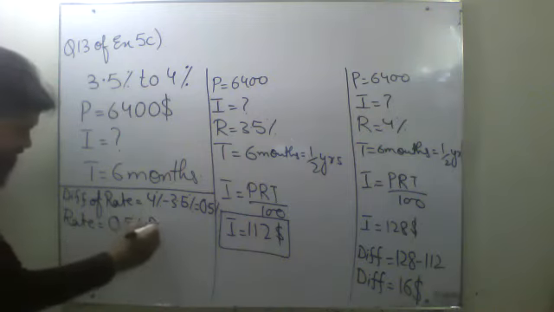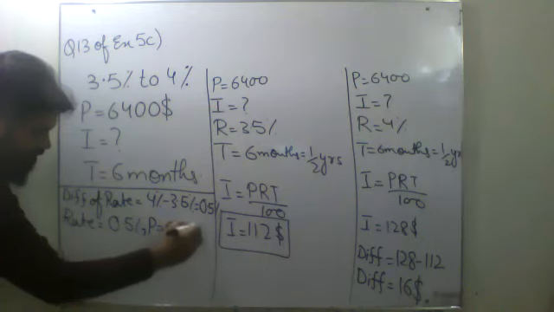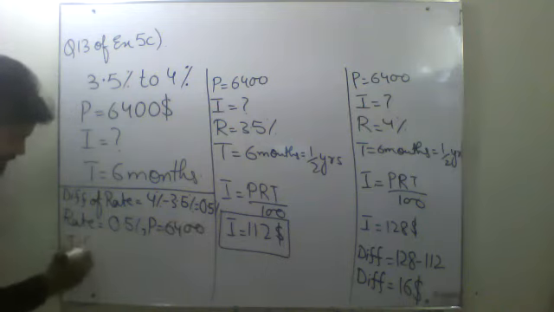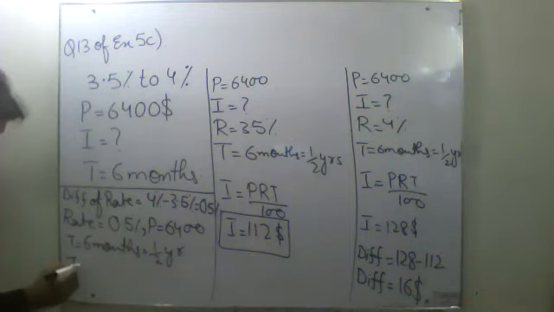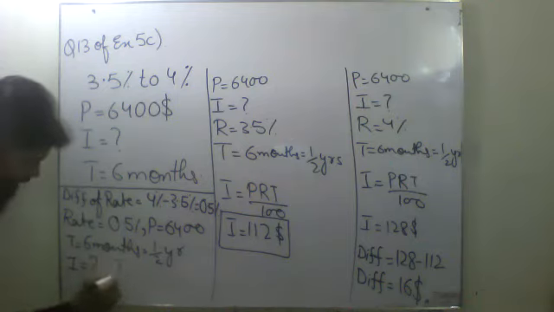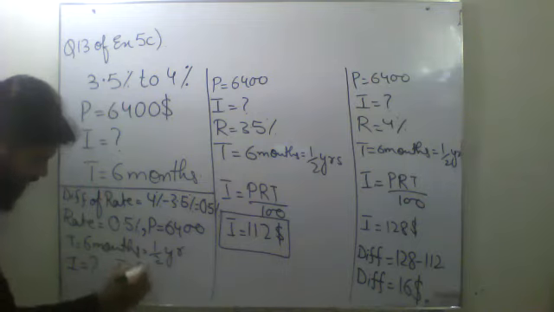Okay, now let's check what will be the value for 0.5%. Principal will be 6400. Time will be 6 months, which is half year. Okay, and I have to find interest. Formula of interest, I equals to PRT over 100.